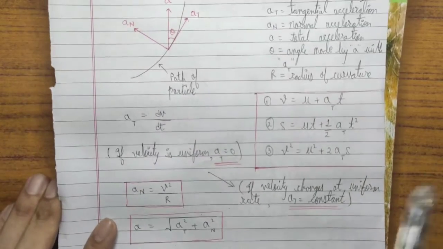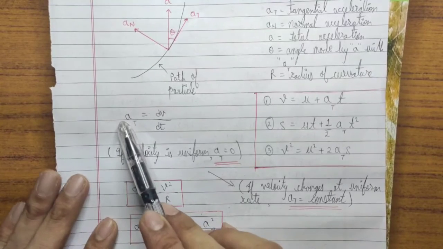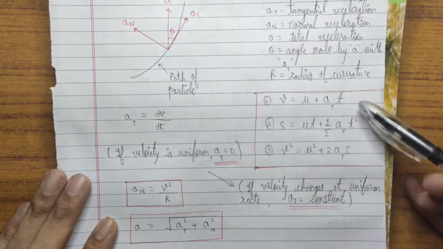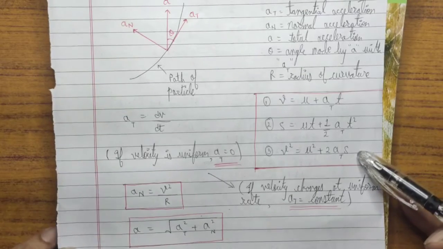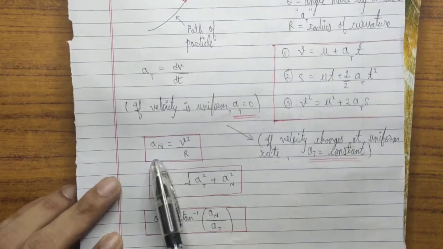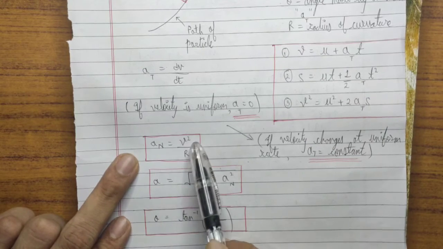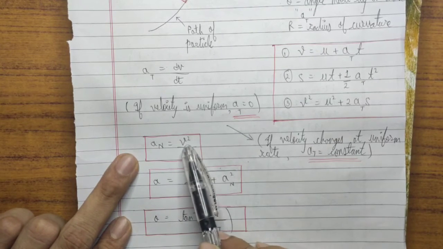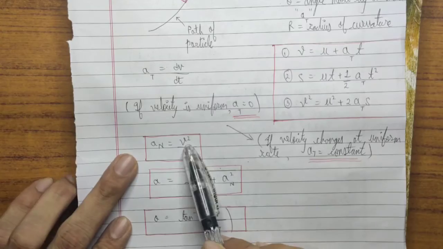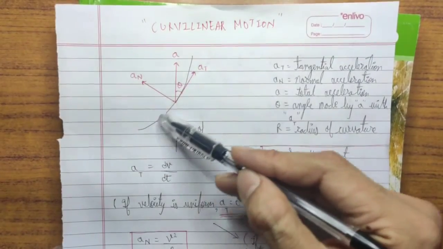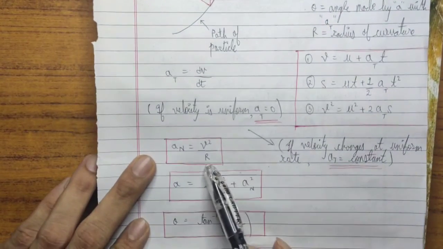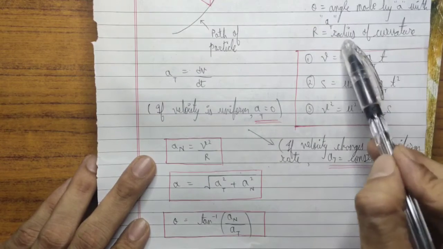So we have seen AT. For calculating the value of AT, you can use these three formulas. Now there is another formula for calculation of normal acceleration, that is AN. It is equal to V square upon R, where V is the velocity with which the particle is moving, and R is the radius of curvature.